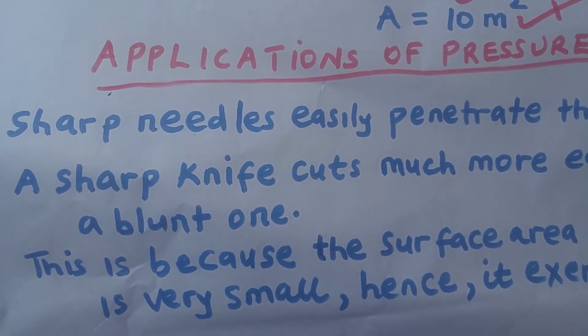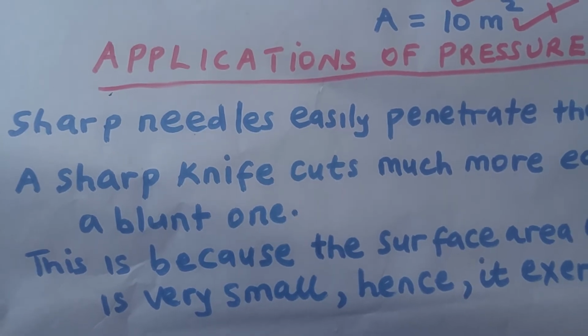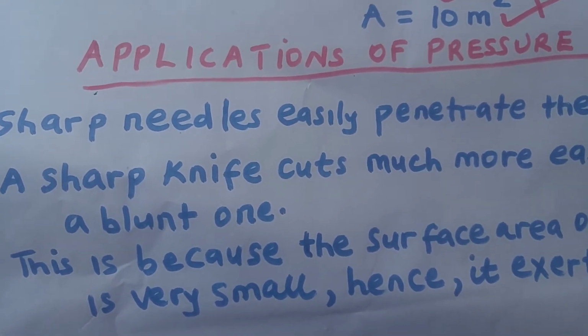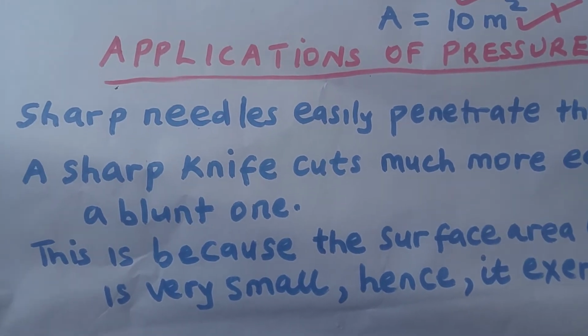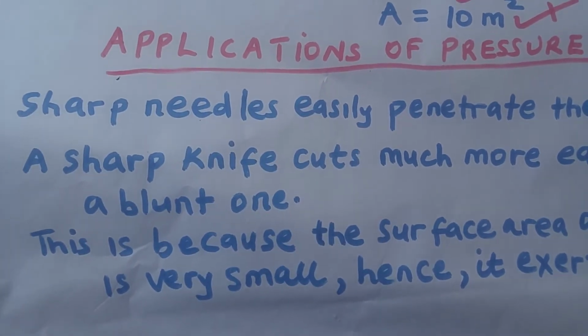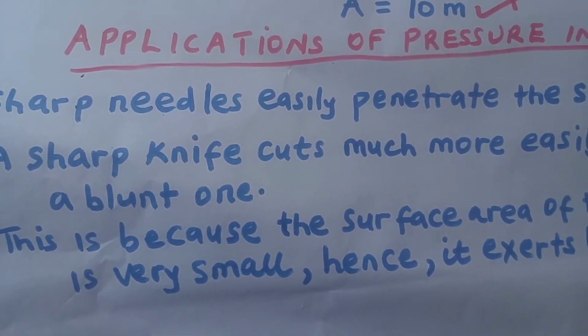For example, if it is a knife, the part which is supposed to cut the mango or the pineapple should be very small. Why? Because when it is small, it is sharp. And once the area is small, the pressure is high. And therefore, the knife will cut faster.